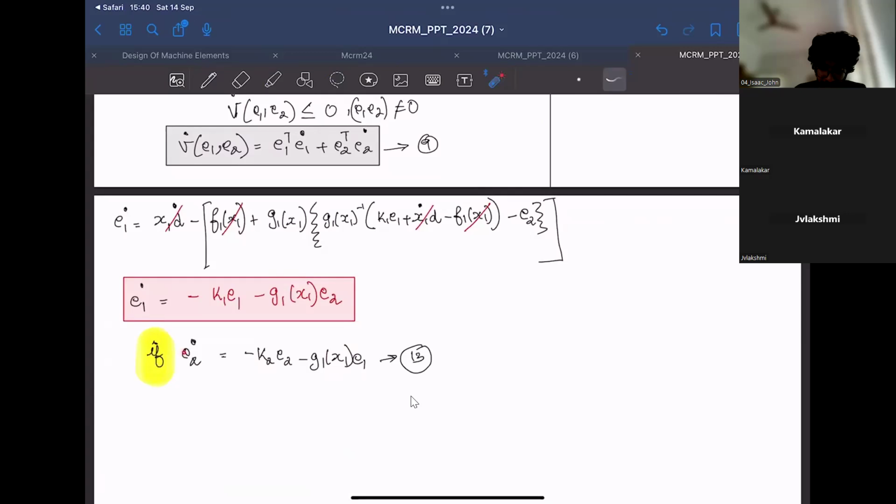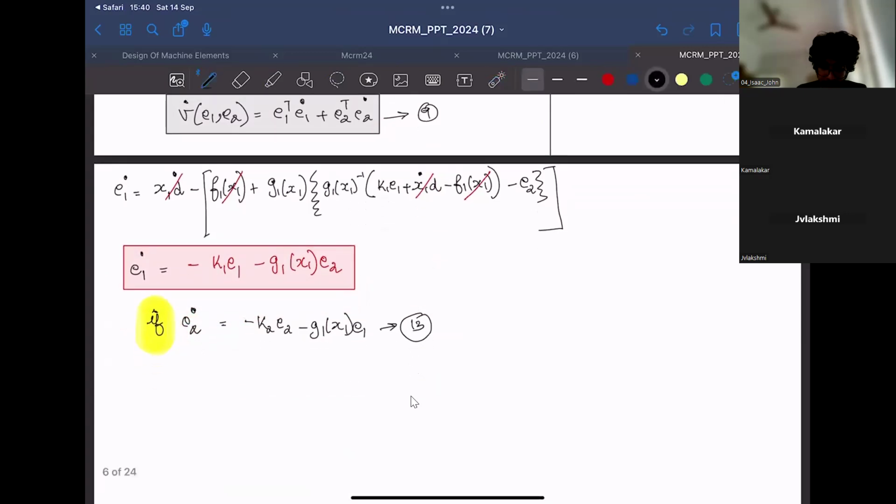So what I mean is that if E2 dot is as per this term and E1 dot is as per this term, what happens if you substitute this E2 dot onto this V dot? We'll just see what is going to happen.